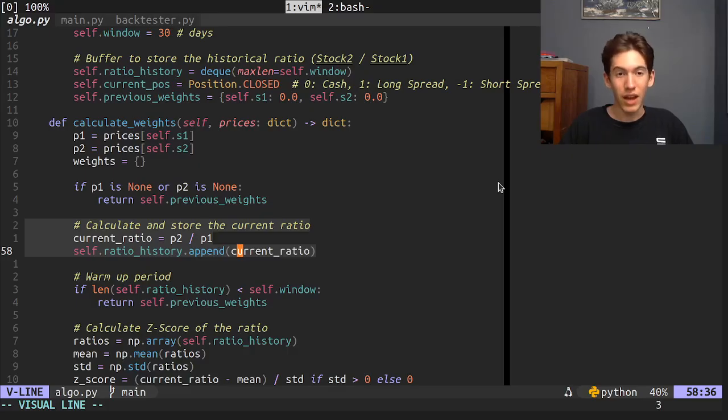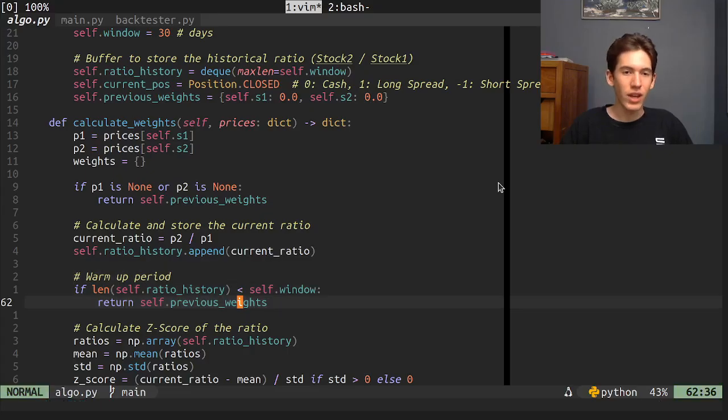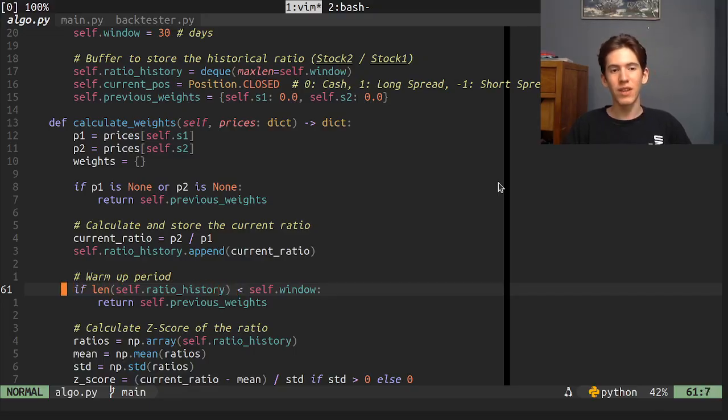So then we calculate the ratio and price and append it to our history. We start building up our sliding window. And we check if we're in our warm-up period. So what this is doing is making sure we've seen enough data to be confident in our trading.